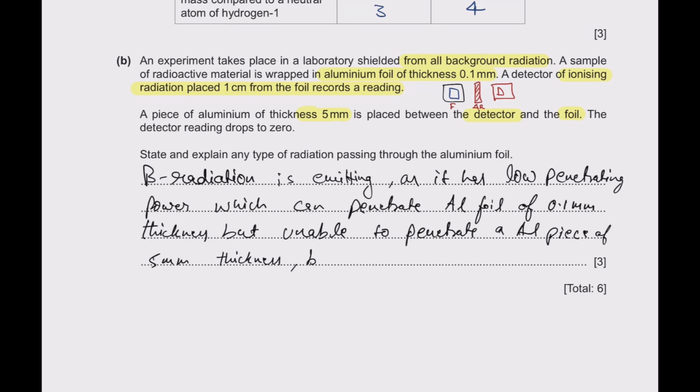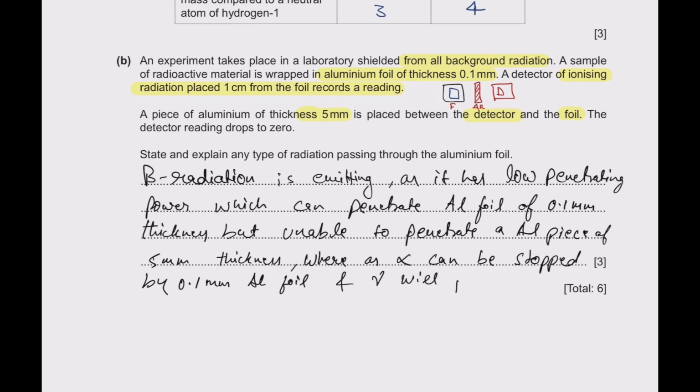Whereas alpha can be stopped by 0.1 mm aluminium foil and gamma will penetrate all the obstacles because of high penetrating power.